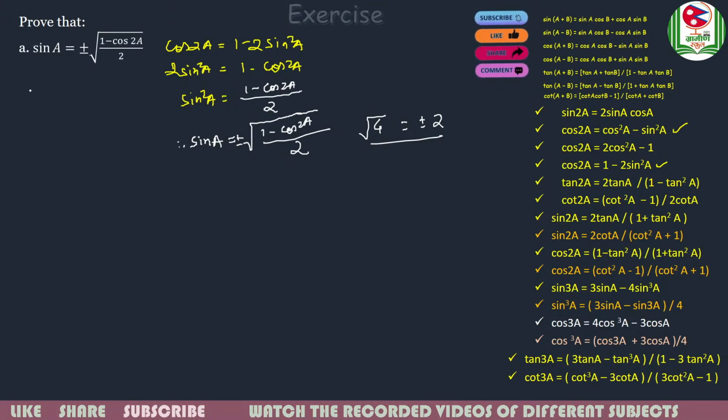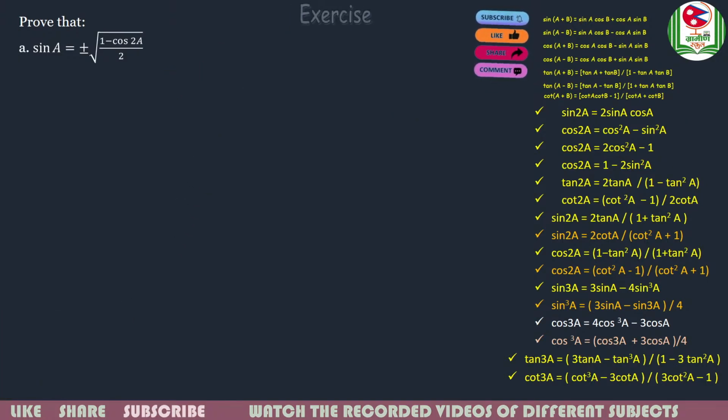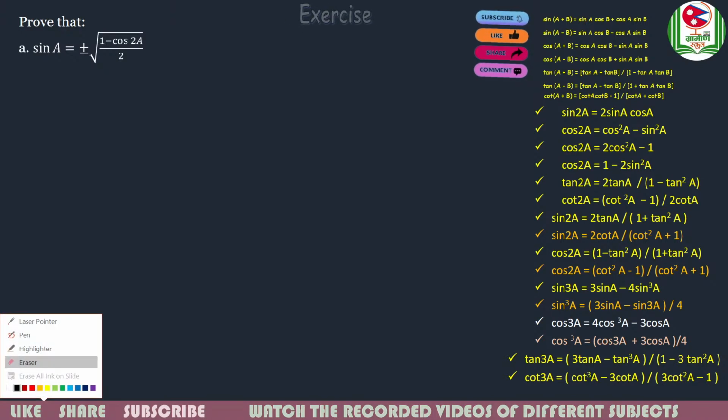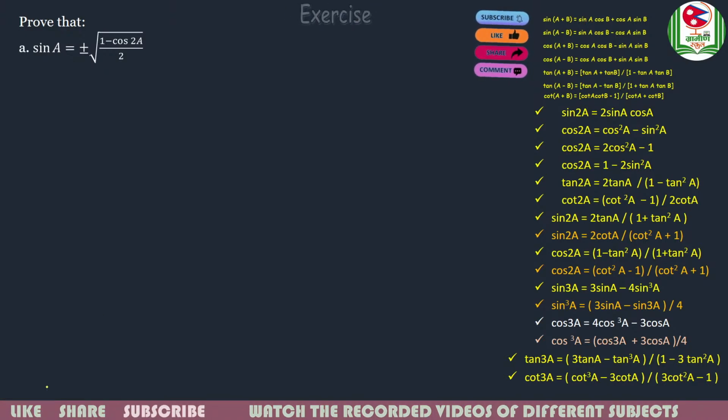Okay. So the next one is cos A equals plus minus root under 1 plus cos 2A by 2. So how to find out?